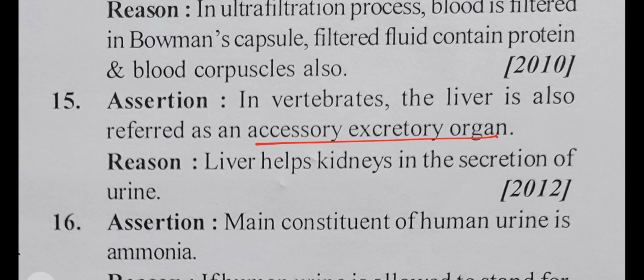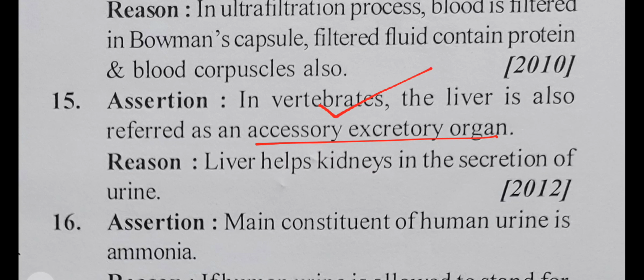Besides the urinary system, these organs participate in removal of waste products. The main urinary system is the kidney. Other than that, liver, lungs and skin also help in excretion, that is, removal of waste products from the body. So the statement given in the assertion is true.